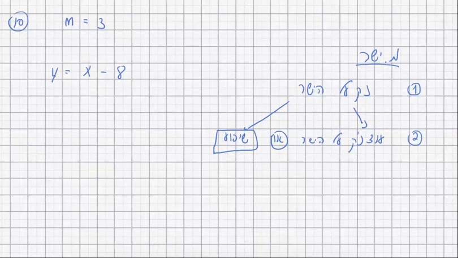So y equals minus 8. So it's 0 minus 8. So now you have שיפוע and you have נקודה. And now just use the equation for משוואת ישר. I remember doing this, but I don't know why I didn't write it down. So write it down now.